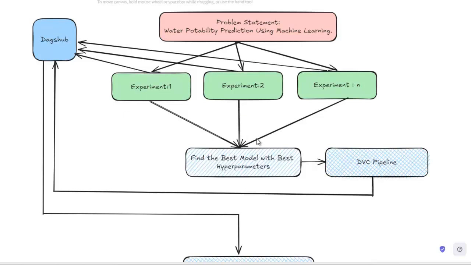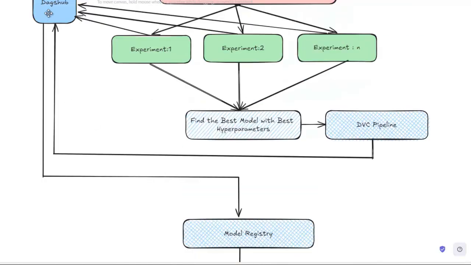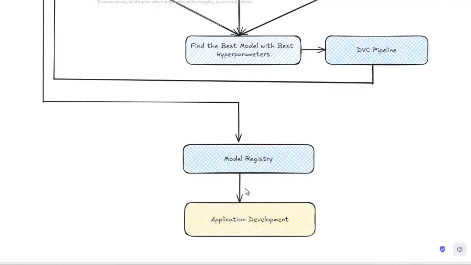After that, we created a DVC pipeline and registered the best model in the MLflow model registry, which is available on DagsHub. After that, we created an application which performs prediction by fetching the best model which is registered in the MLflow model registry, right?